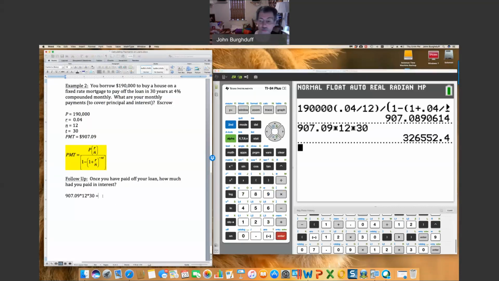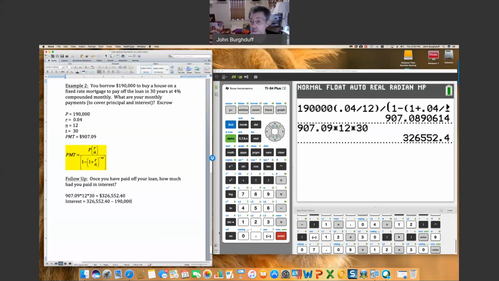This is what you have, the total of all your checks that you have written over all those years: $326,552.40. Only $190,000 goes to pay off your principal. So your interest that you have paid is going to be the difference between $326,552.40 and $190,000. Let's see what that is.